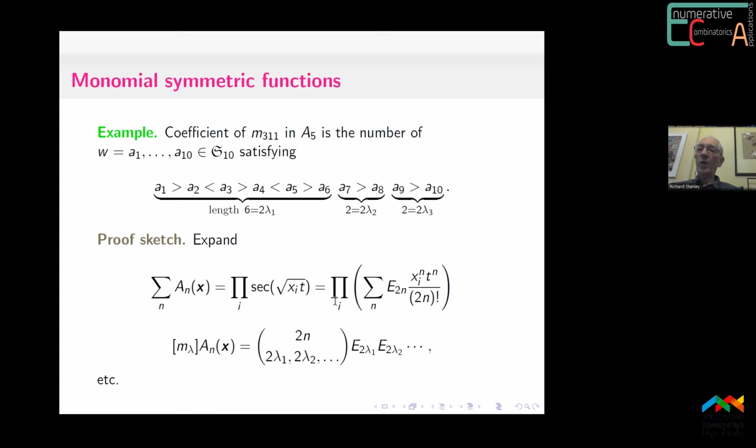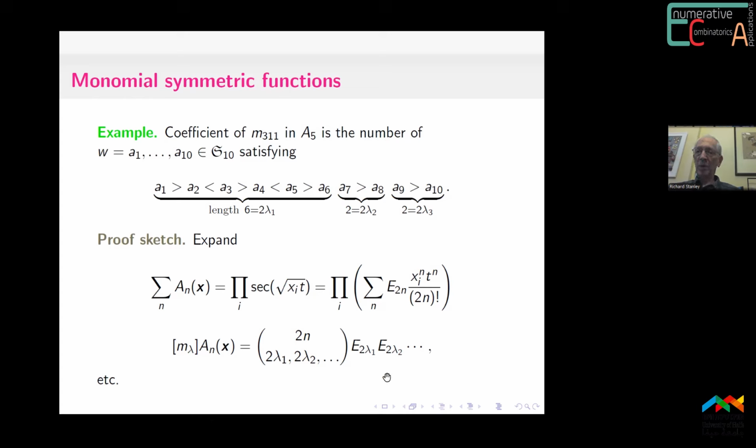So we just write out this product and collect terms, and we'll see that the coefficient of m lambda is just this multinomial coefficient coming from this 2n factorial in the denominator, 2n choose 2 lambda 1, 2 lambda 2, etc., times these Euler numbers, E 2 lambda 1, E 2 lambda 2, etc.